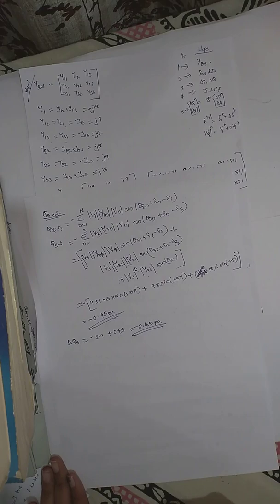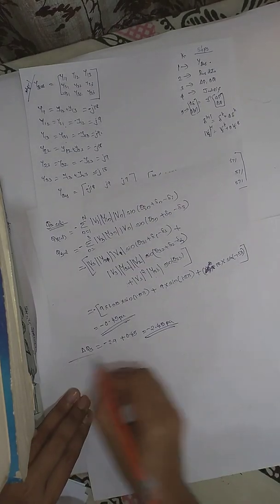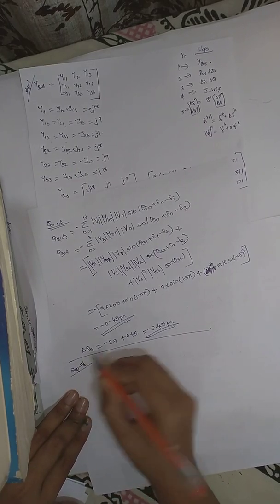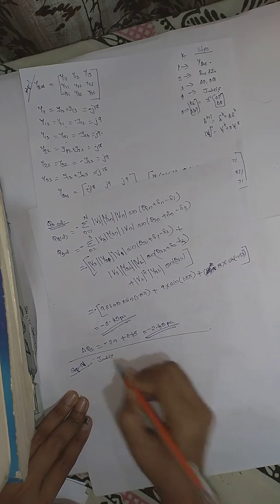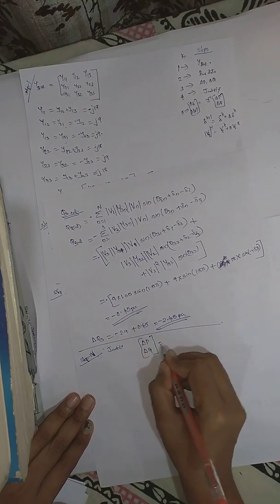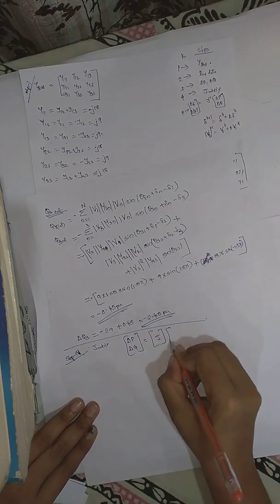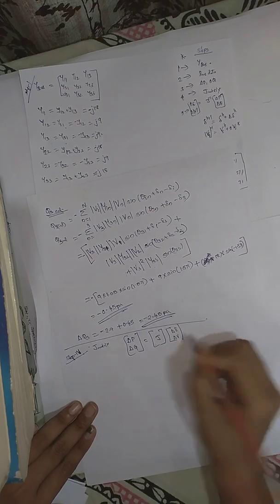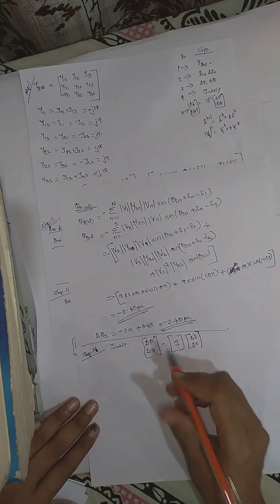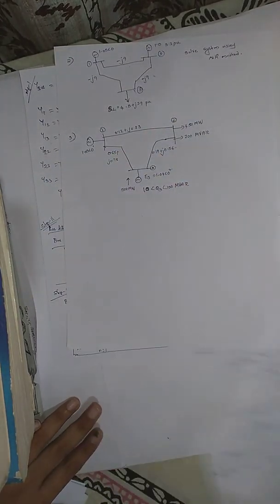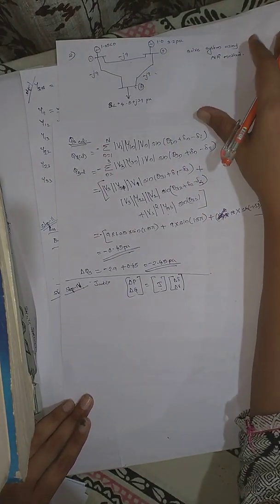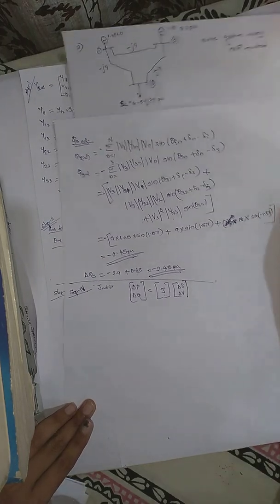Next what we have to find out is step 4, our J matrix. The general equation is [delta P, delta Q] equal to some matrix J into [delta delta, delta V]. So I have to find out this J. How many buses are there? This is our second question, so 3 buses are there and we have the bus data with us.